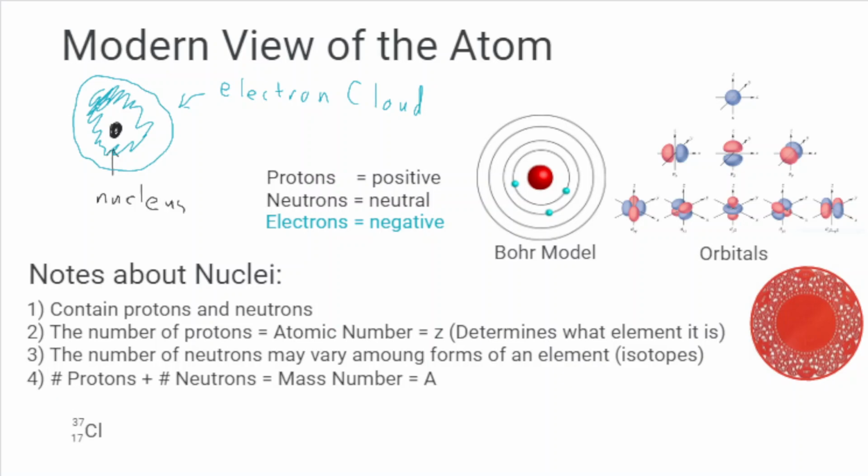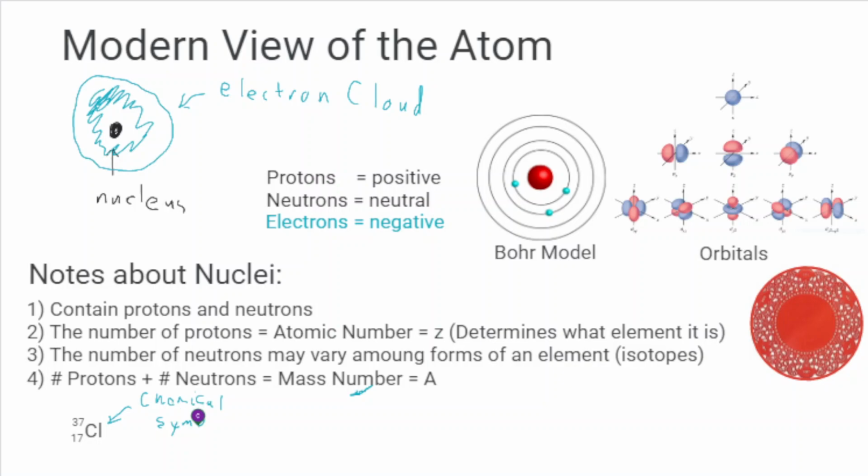So let's take a look at a couple of examples here. So we have chlorine-37, where the Cl here is the chemical symbol, and this is essentially the abbreviation you'll see whenever you're looking at a periodic table, so you know what the element is.